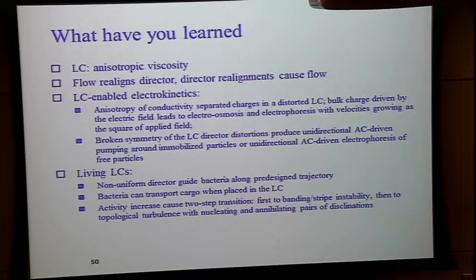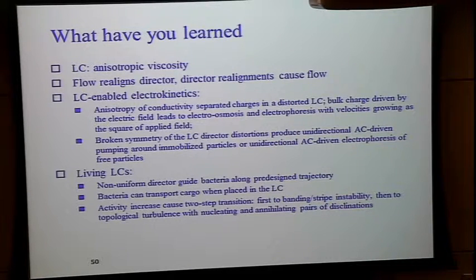So what I was trying to tell you about was that liquid crystals are fluids with anisotropic viscosity. There are 5 viscous coefficients that make some of the problems rather difficult to treat. Then there is a coupling between flows and the director. If the flow changes, so does the director.